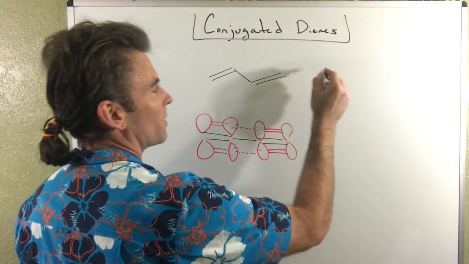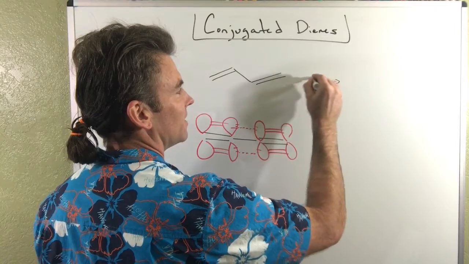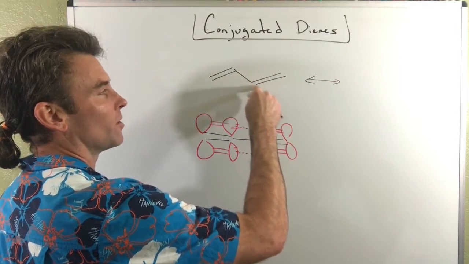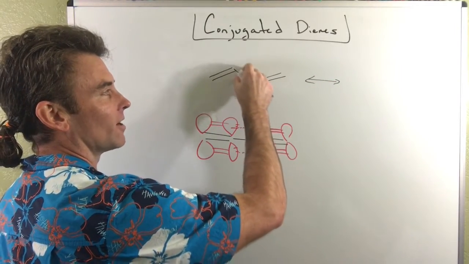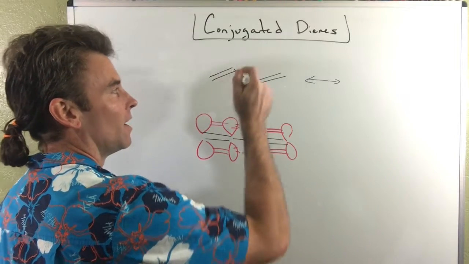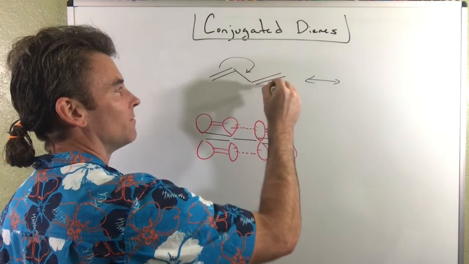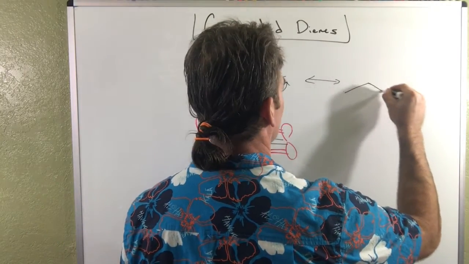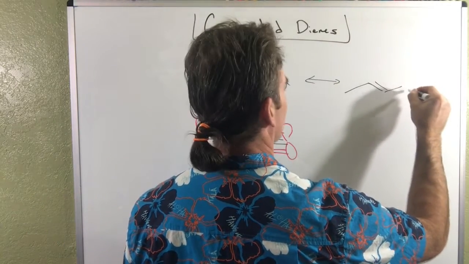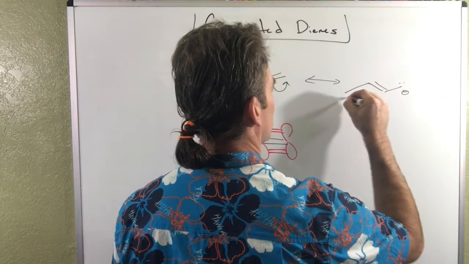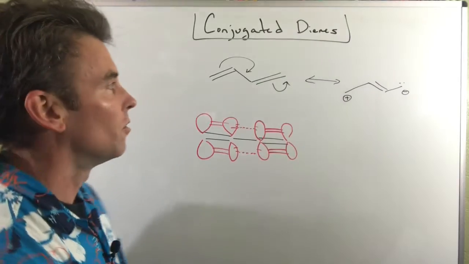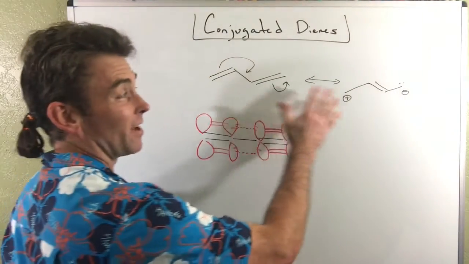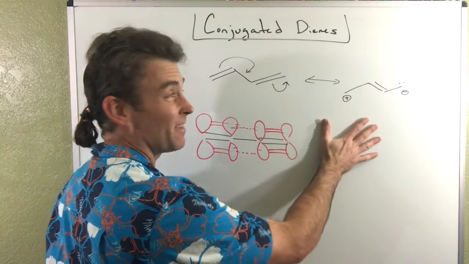So how are we going to represent this idea that there is a certain amount of double bond character to this single bond? Well, if you imagine what looks like an ugly resonance form here, you'll notice that we could draw something like this, and this is not really a 50-50 at all, not even close.